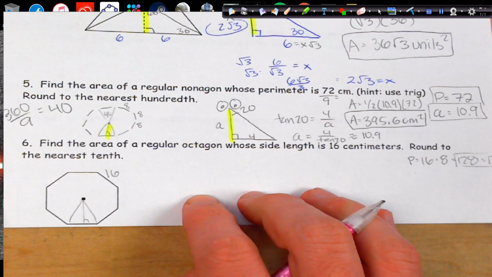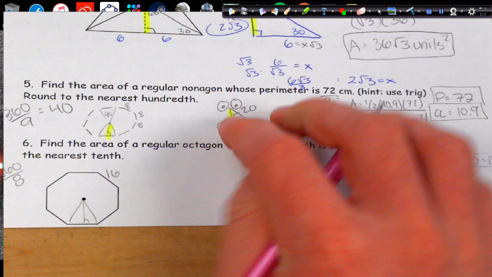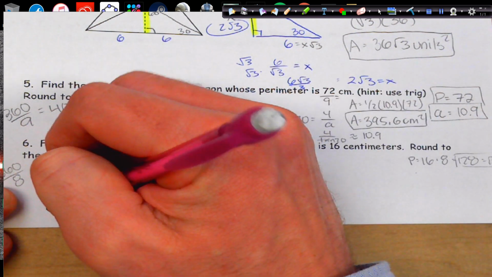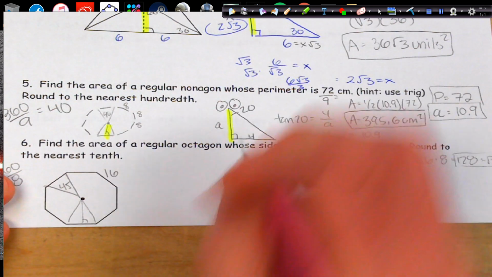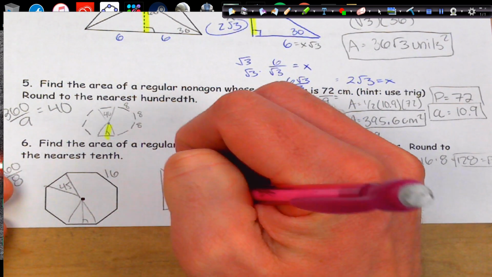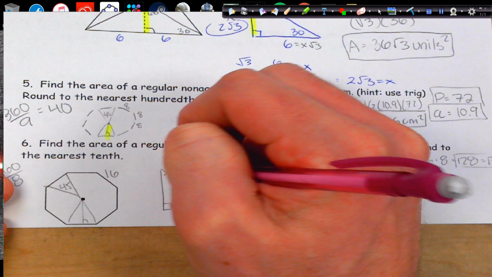So we're going to do 360 divided by 8, and I think that's 45, which is correct. But then we're going to get half of that when I pull the little triangle out. And so we get 22.5.